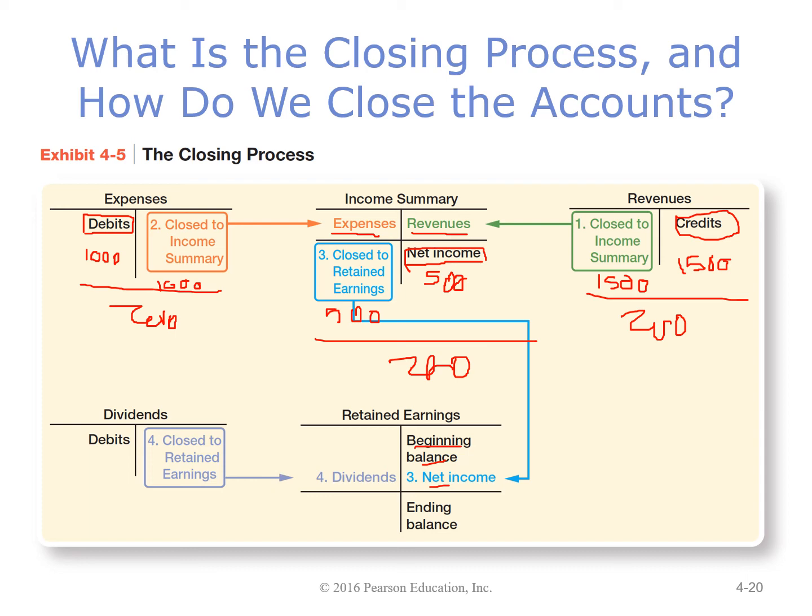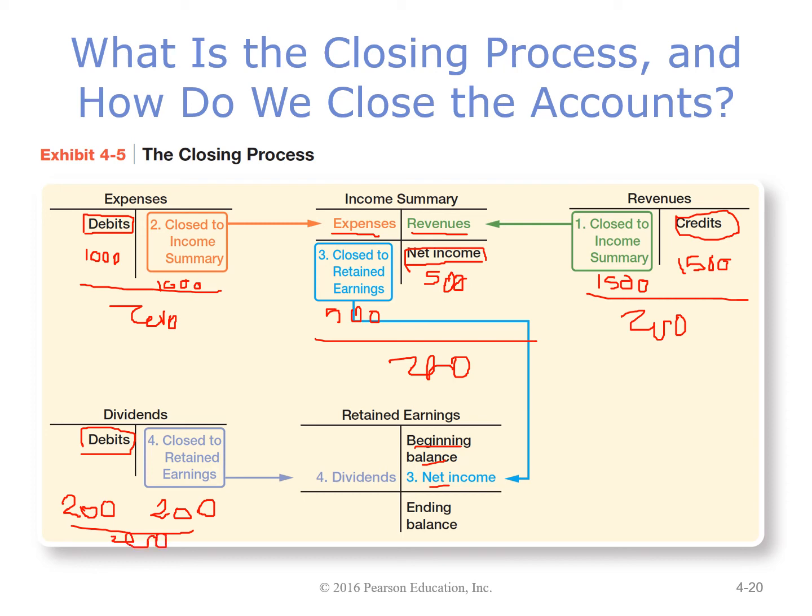On the other hand, dividend, which has a debit balance, will be closed in the retained earnings. If I have 200 dividend, I will credit it as you can see here. So the balance will be 0, as we just said.